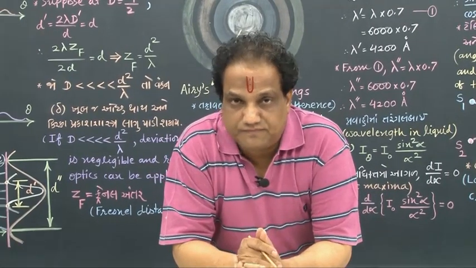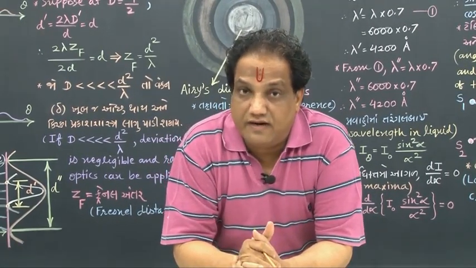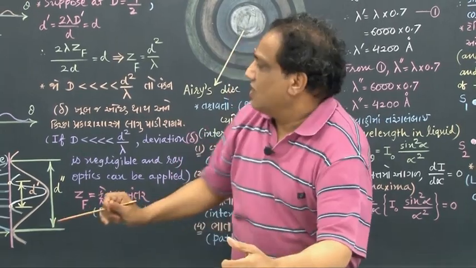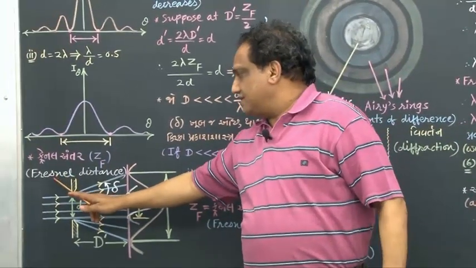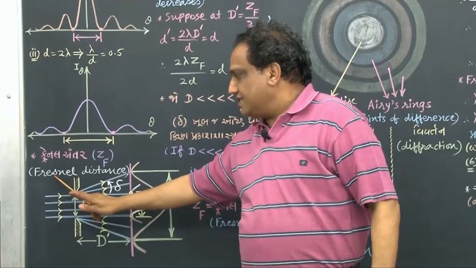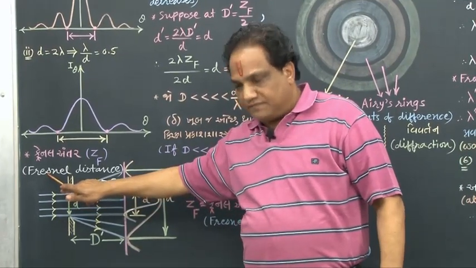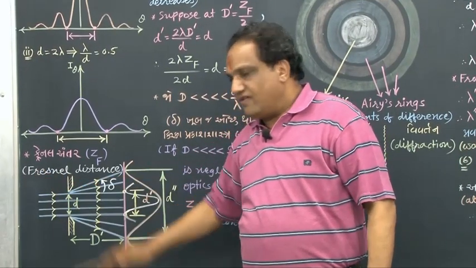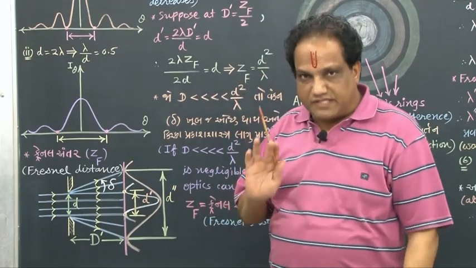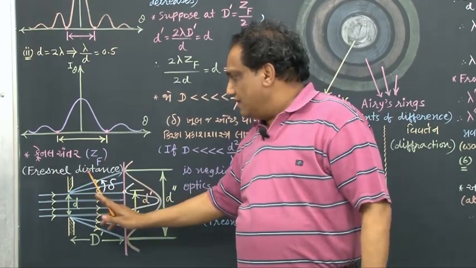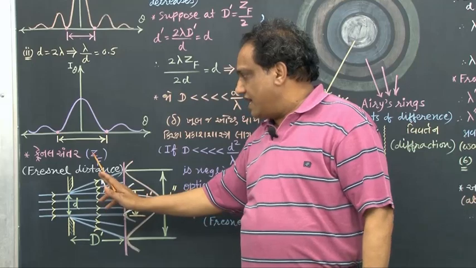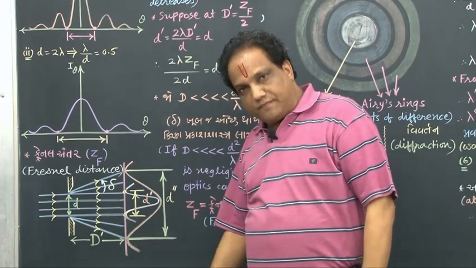It is about what is called Fresnel distance. Fresnel distance, correct? S is silent, so don't pronounce it. You must pronounce this way, Fresnel. S is silent. Fresnel distance, shown by symbol ZF. Okay?